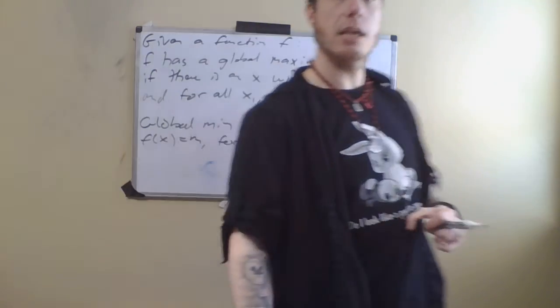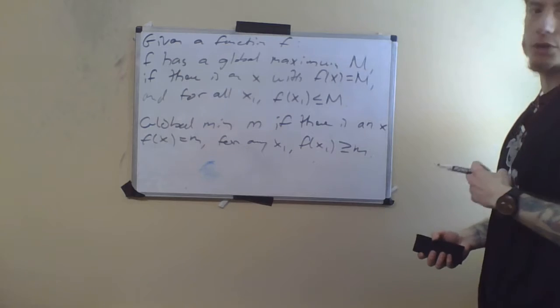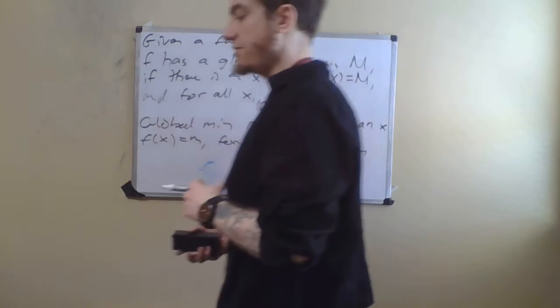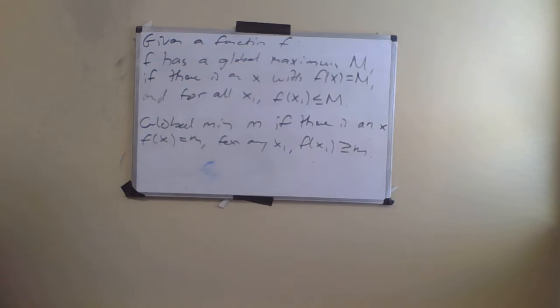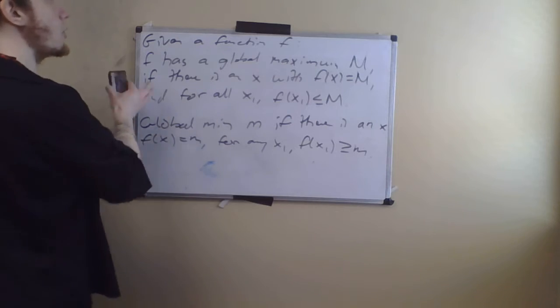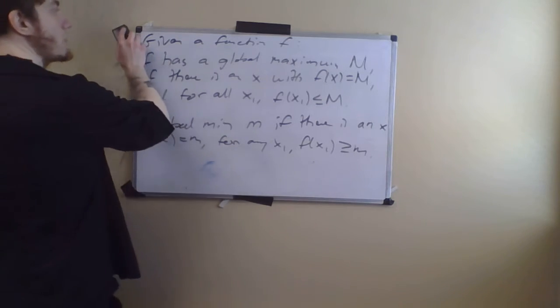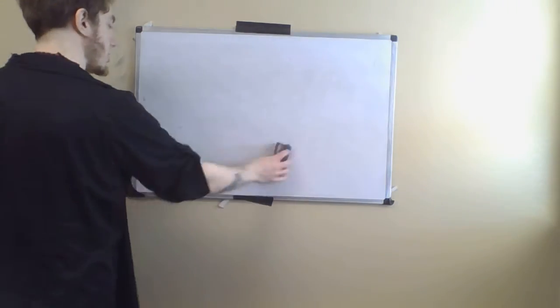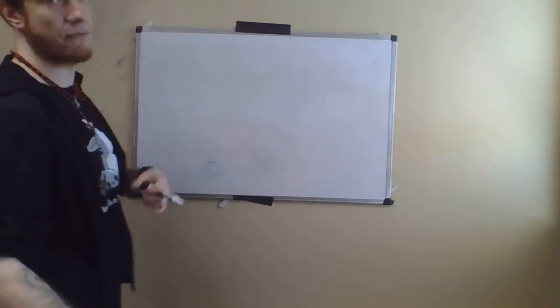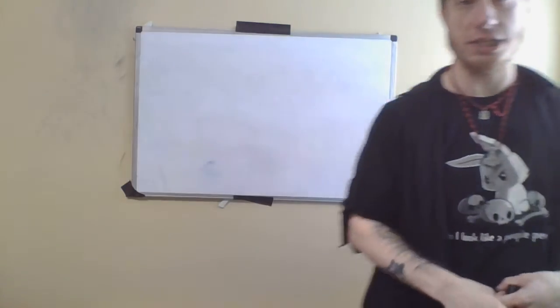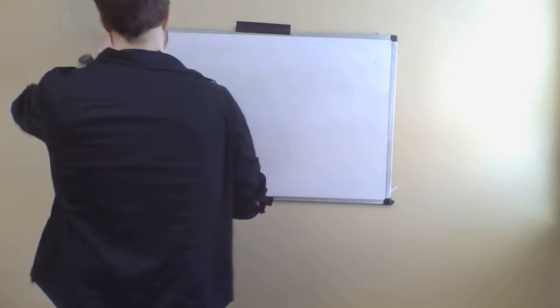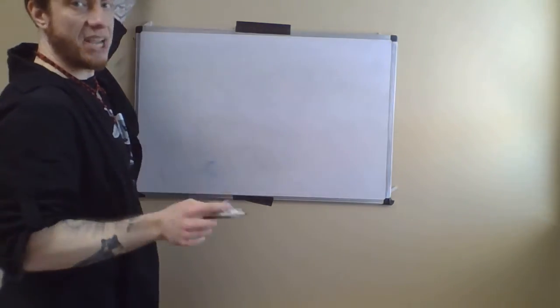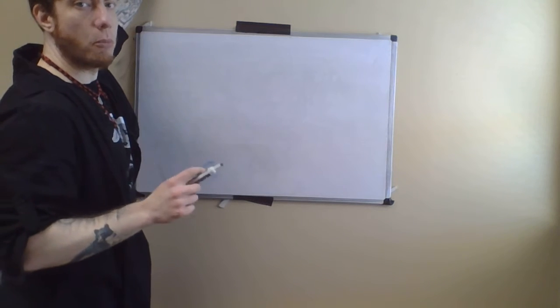Now, these are the global maximums and the global minimums. And the thing about a global maximum and a global minimum is that functions don't have to have them. So I want to show you some situations where a function has them versus not having them. Just let's look at a few functions that we're familiar with. A lot of functions fail to have a global maximum or a global minimum.